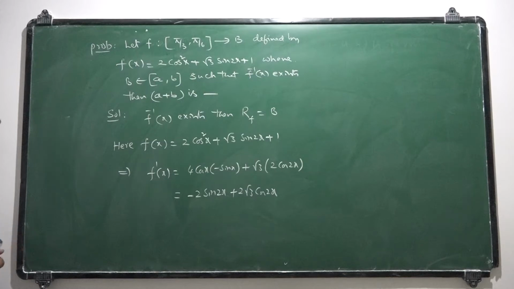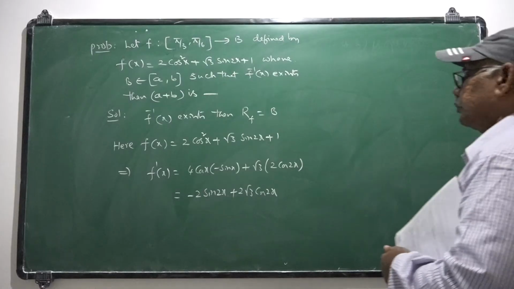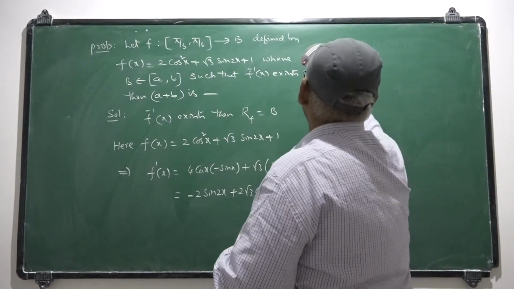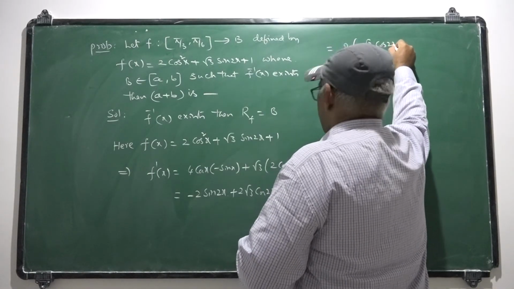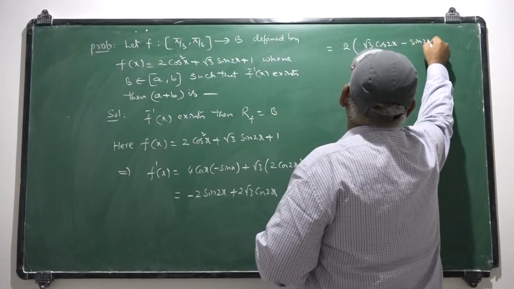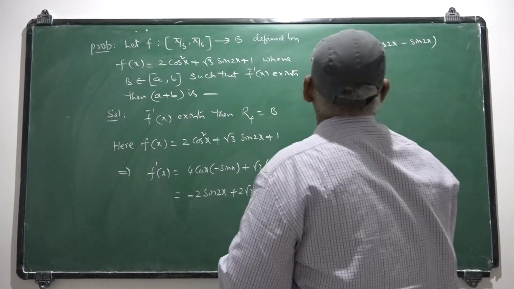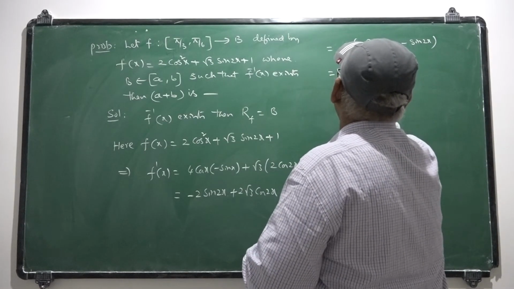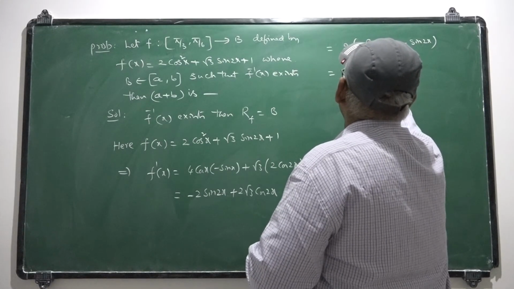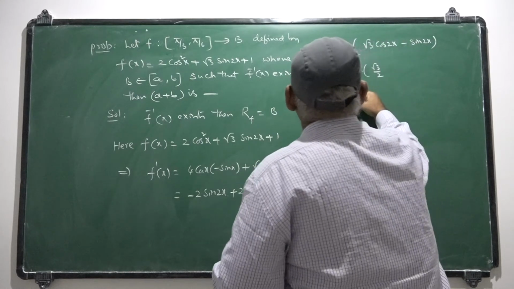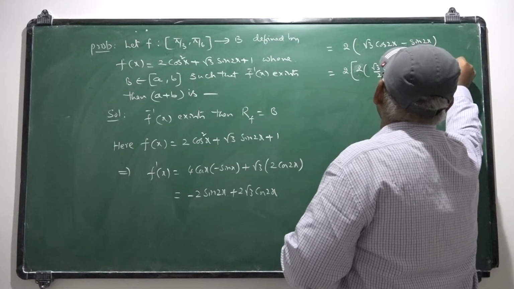This is equal to 2 into (root 3 cos 2x minus sin 2x), which is, of course, 4 into (root 3 by 2 cos 2x minus 1 by 2 sin 2x) itself.